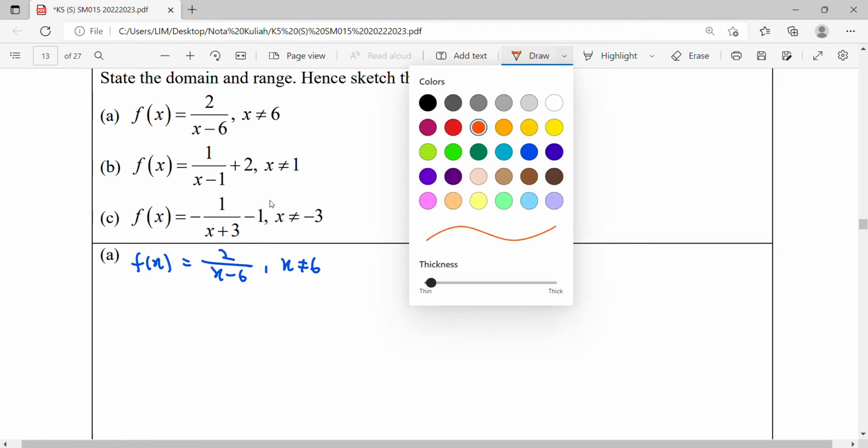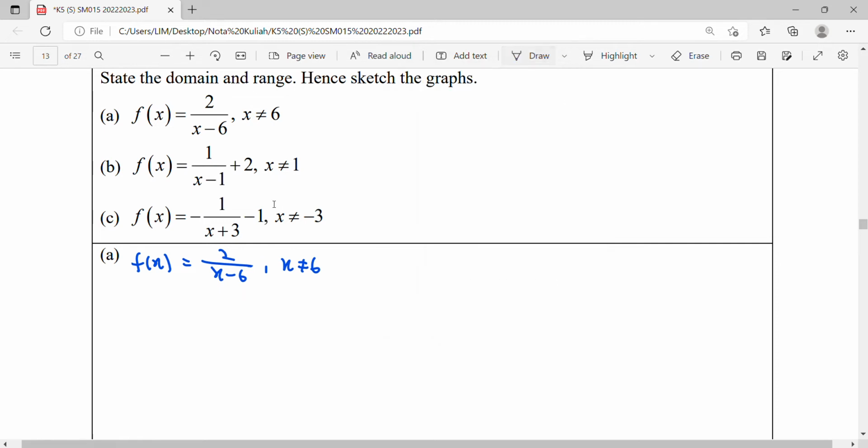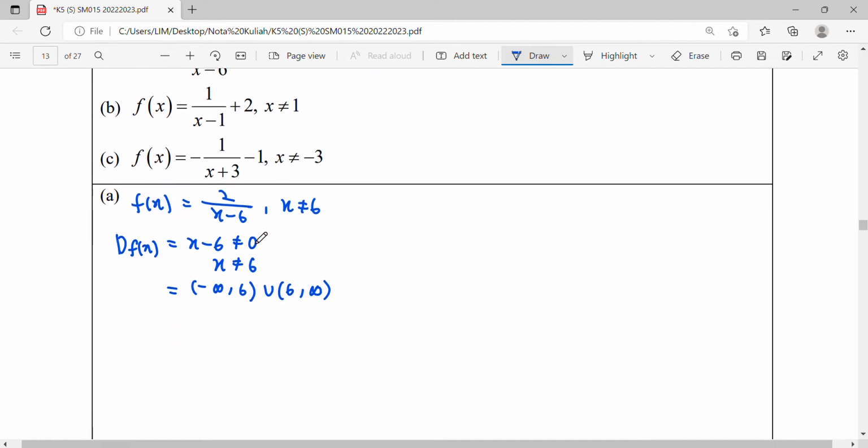Back to this example, we can notice, what is your domain? For the domain, we notice that the denominator cannot be equal to zero. So the denominator cannot be equal to 6. So our domain is negative infinity until 6, 6 until infinity. Meanwhile, what is our range?